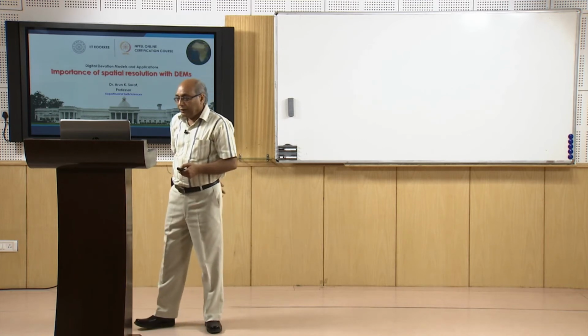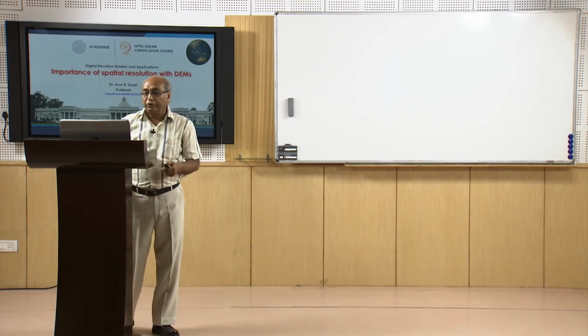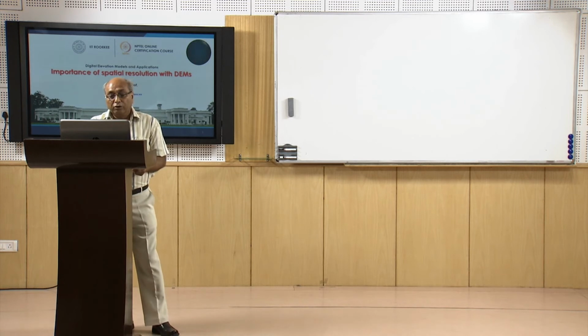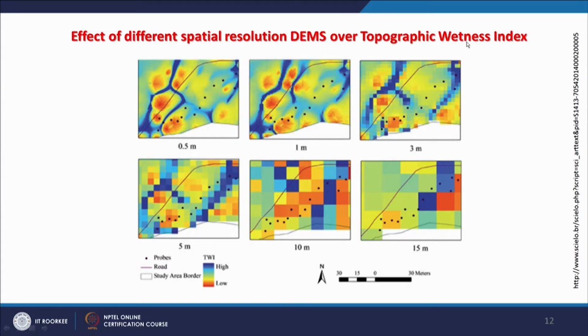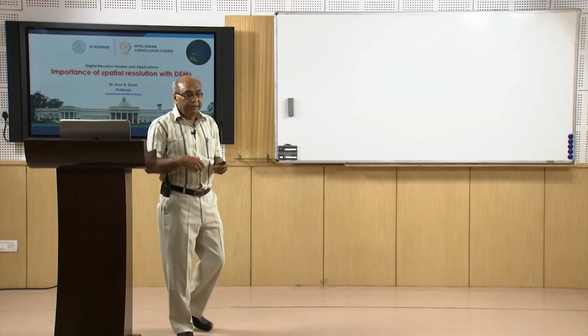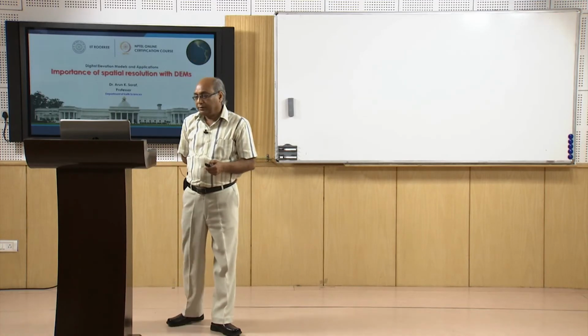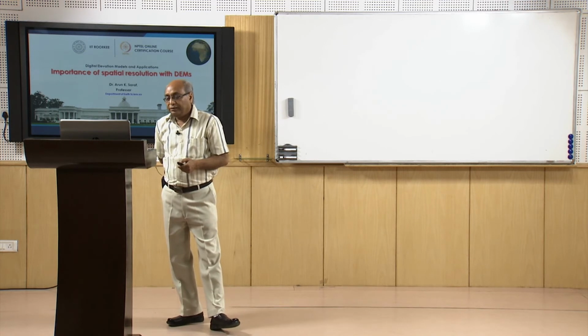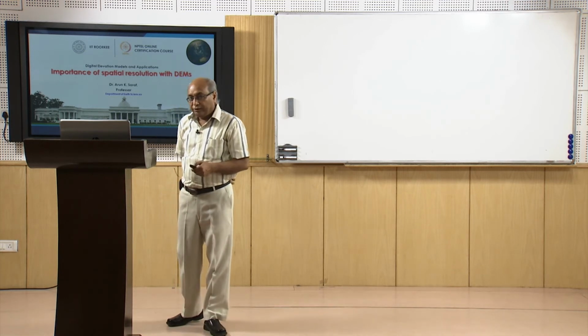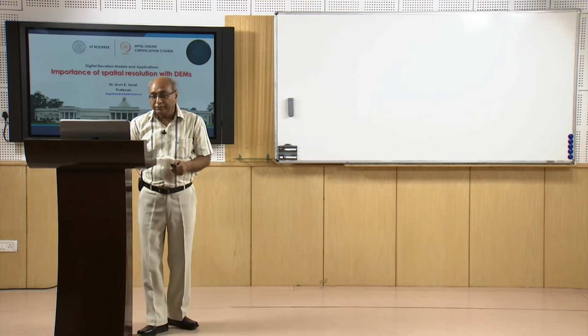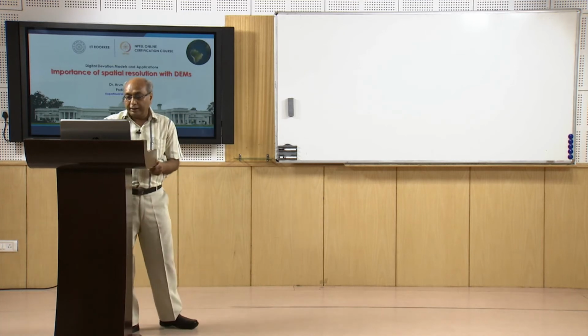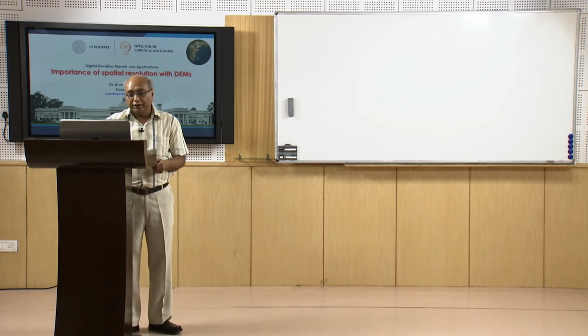Now, what are the effects of different spatial resolutions of DEM over the topographic wetness index, which is one of the products which we will be discussing in subsequent lectures. So this is one product which we can derive using digital elevation models, and what happens if we use different spatial resolutions?